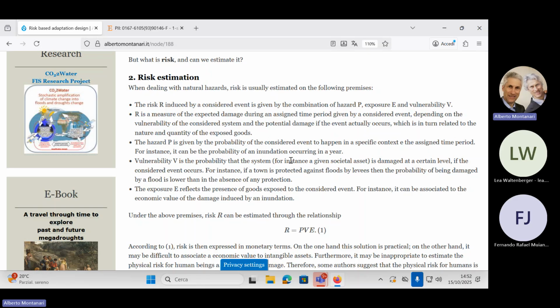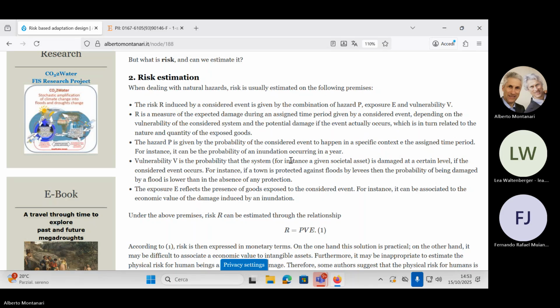So basically, if I say that vulnerability for a given earthquake in Ravenna is 0.5, this means that I have a probability of 0.5 that I get a damage corresponding to the exposure.